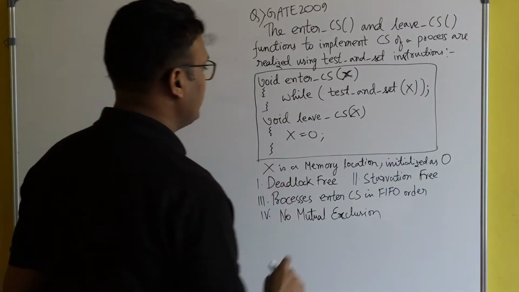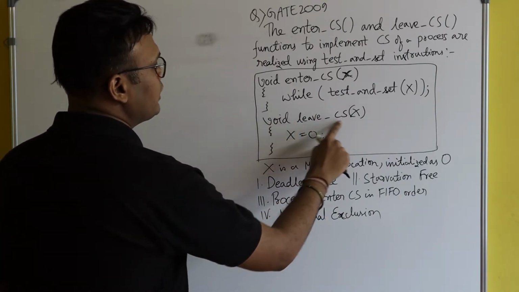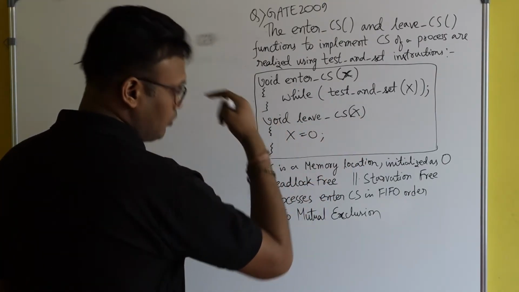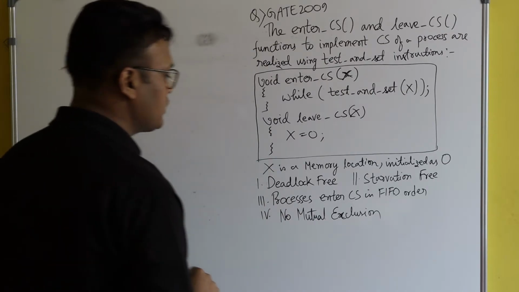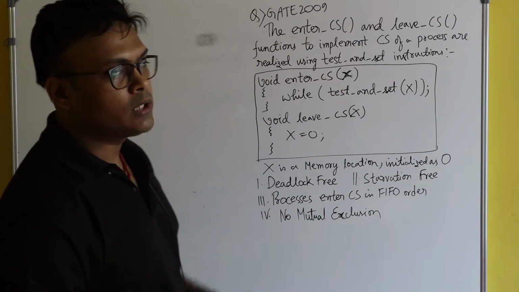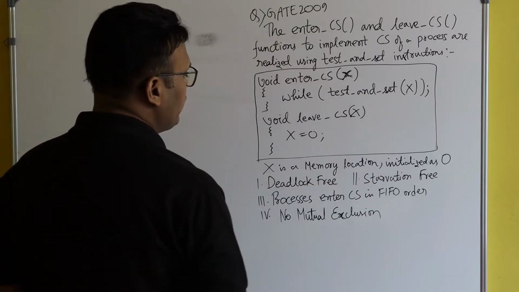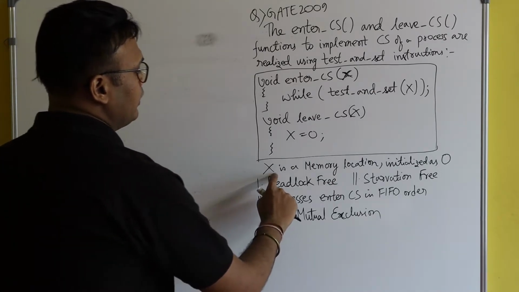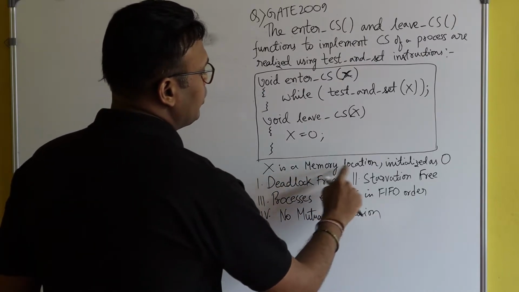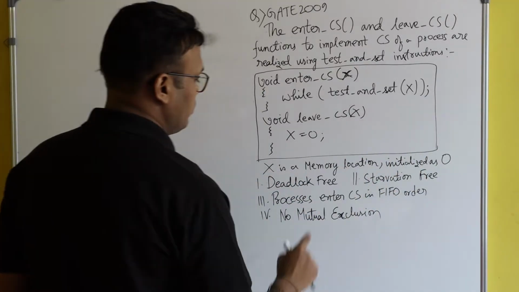I will explain everything. Then in leave_CS, x is equal to 0. They have asked to select the correct statements. Moreover, it is mentioned that x is a memory location initialized as 0.